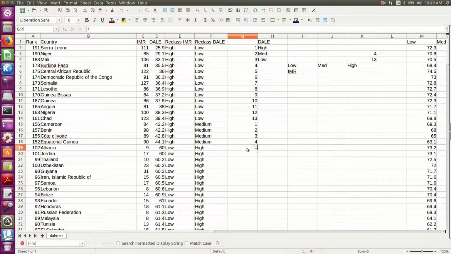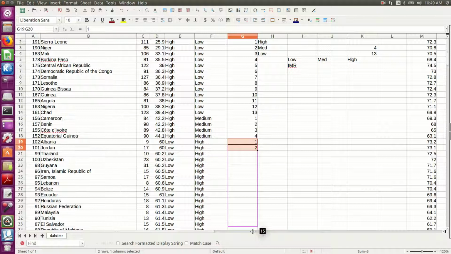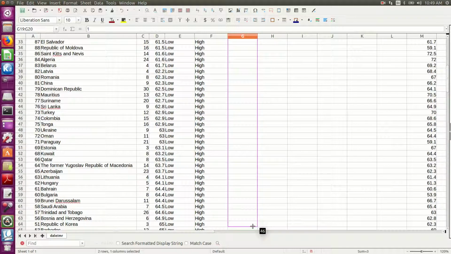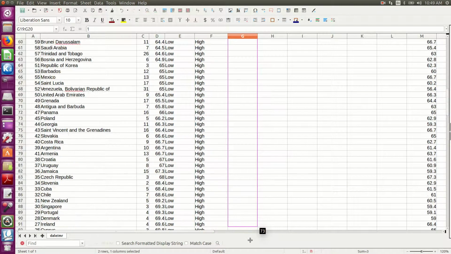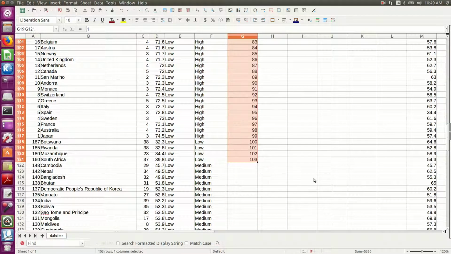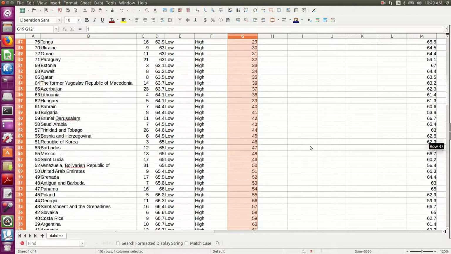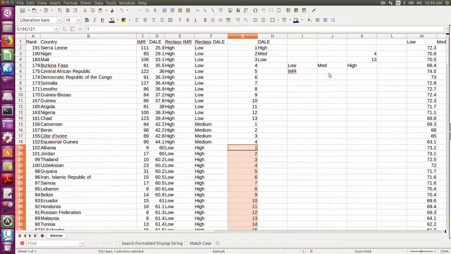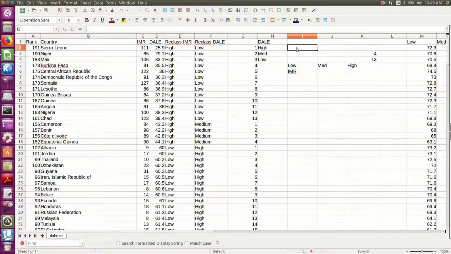And so again, I'll do 1, 2 like that, and highlight that, bring it on down until I get something different. This is the biggest one, I guess. And it looks like I have 103 of those. And so that was low IMR, high DALE, so 103 of those.